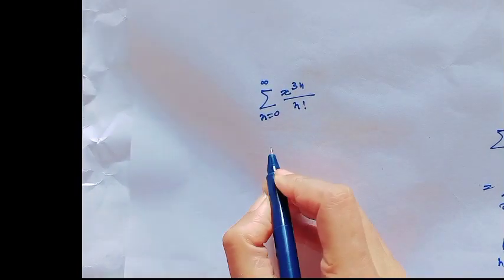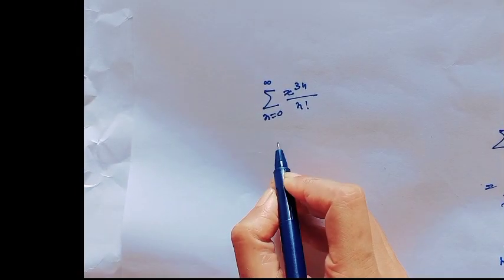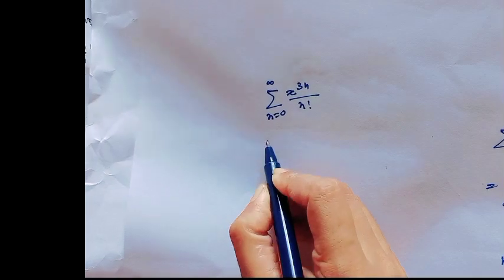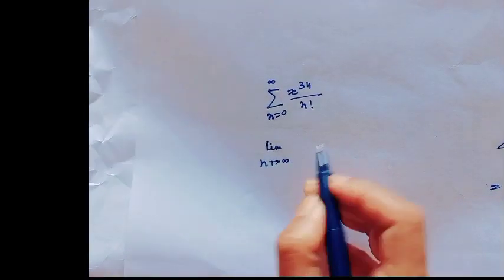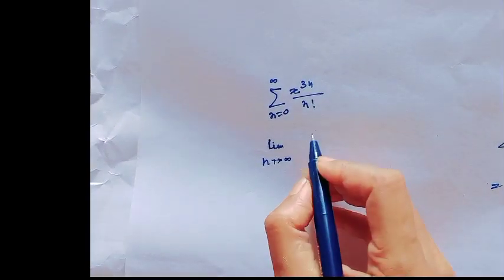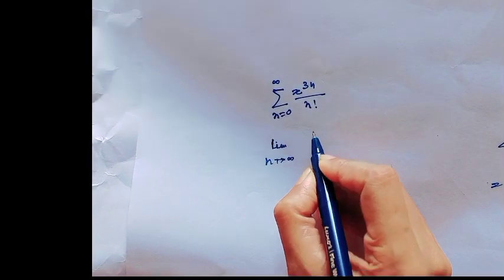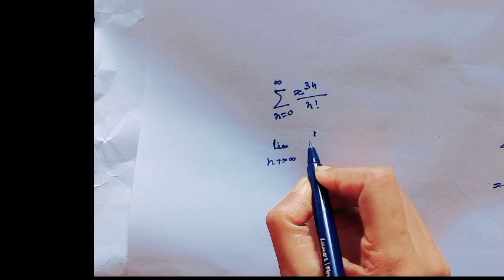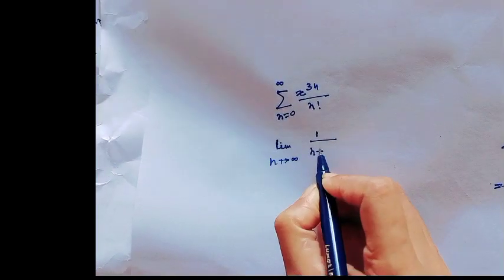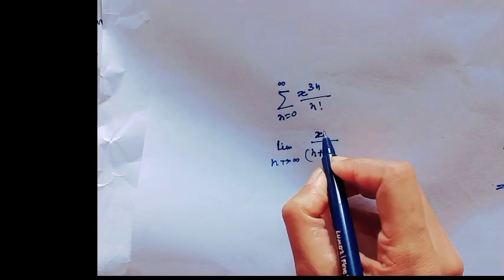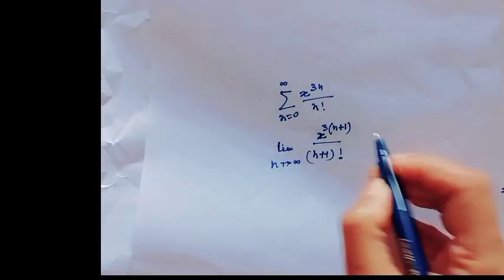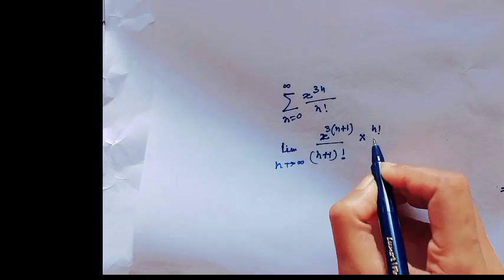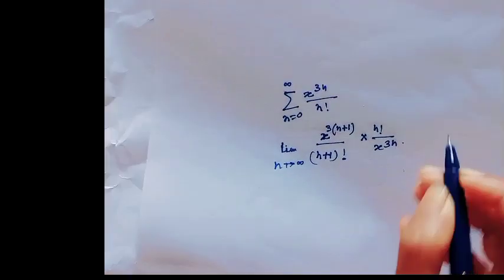Notice here, by the ratio test, the limit as n tends to infinity of the absolute value of a n plus 1 over a n. Consider this whole term is a n. That implies (n plus 1) factorial times x to the power 3 times (n plus 1), times n factorial over x to the power 3n.